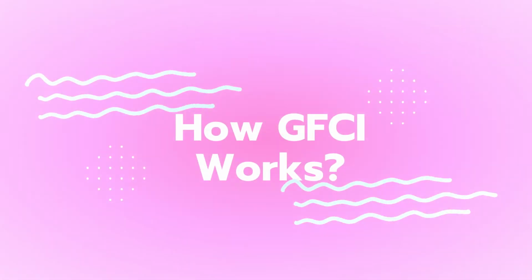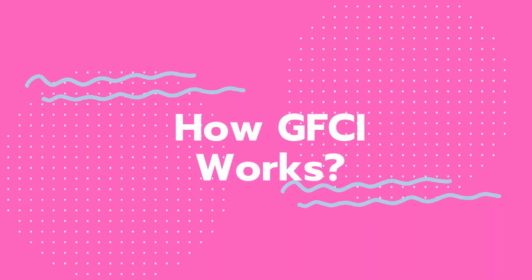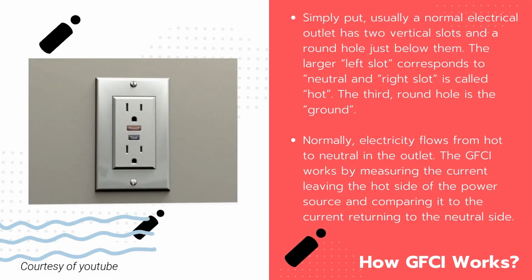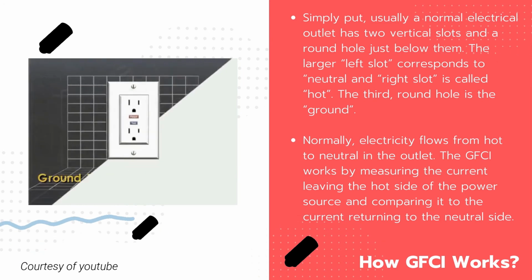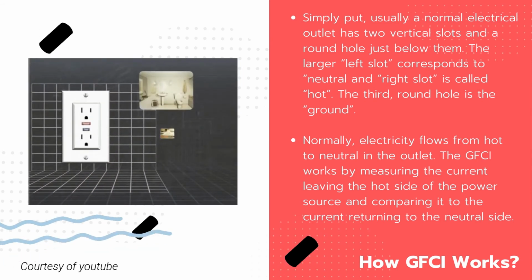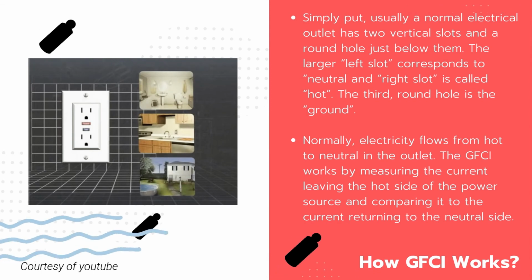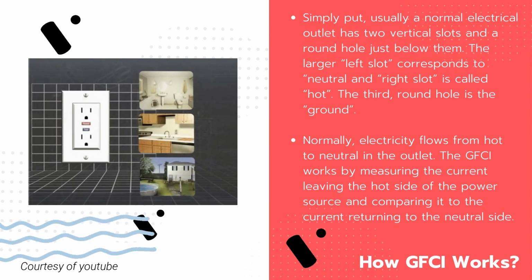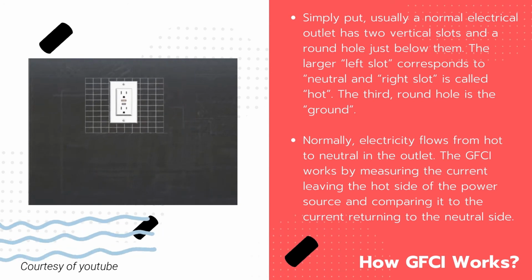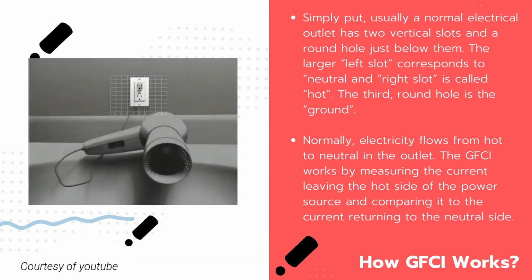How do ground-fault circuit interrupters work? Simply put, usually a normal electrical outlet has two vertical slots and a round hole just below them. The larger left slot corresponds to neutral and the right slot is called hot. The third round hole is the ground.